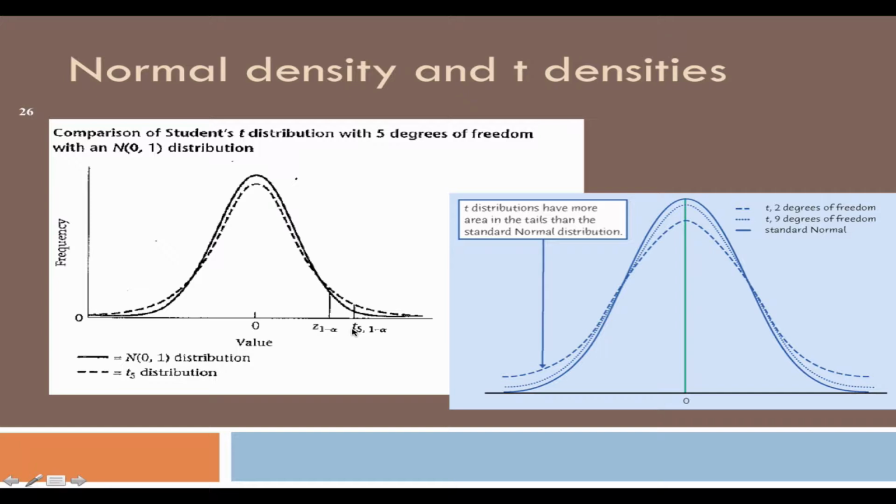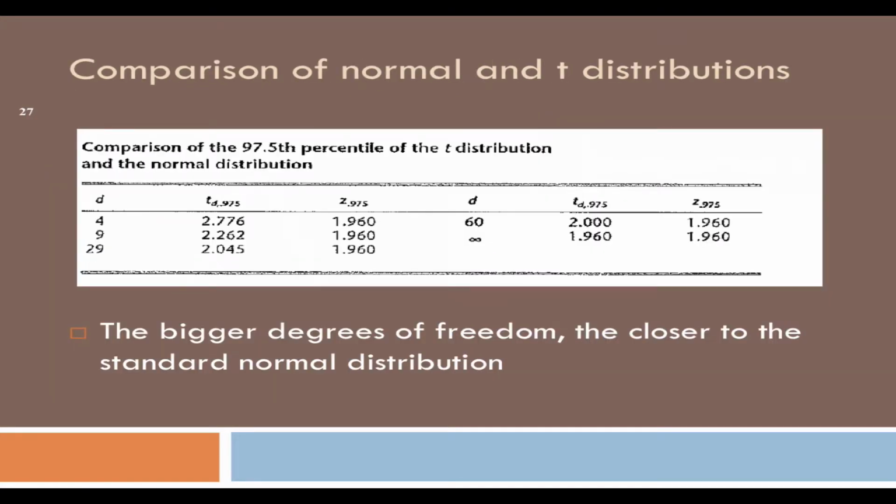Does that make sense? So that is why, when the degrees of freedom is small, for the same alpha, the quantile is bigger for the t-distribution.